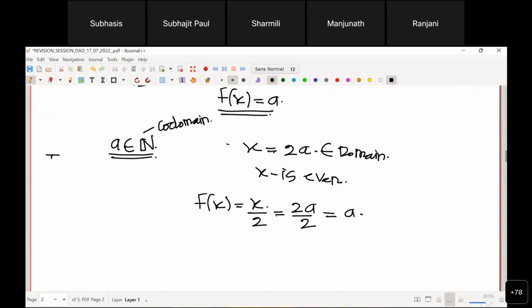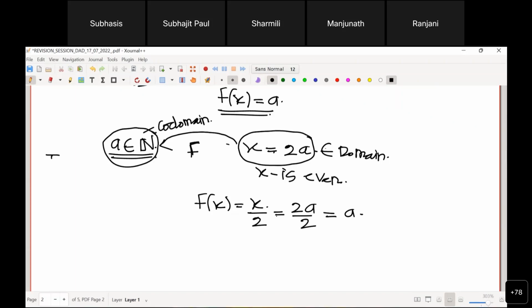So what I showed is that if I pick any number from the codomain, I have an element in the domain, x equal to 2a, such that the image of that element is a.